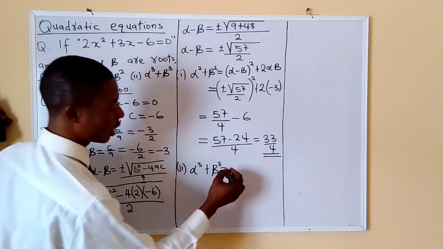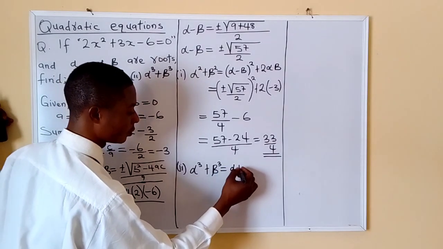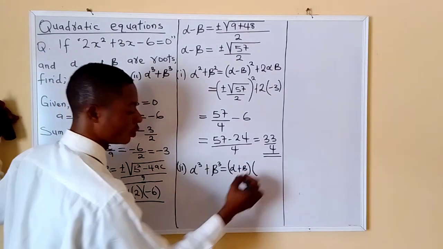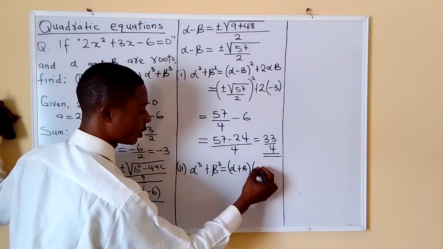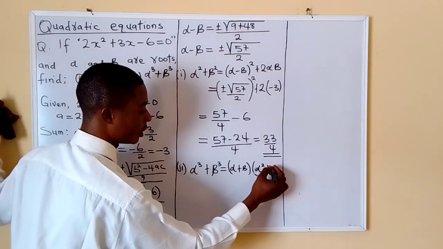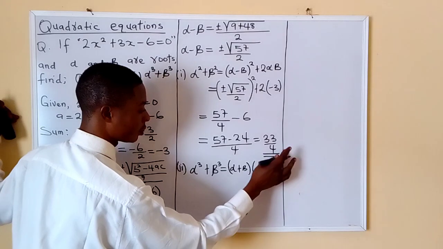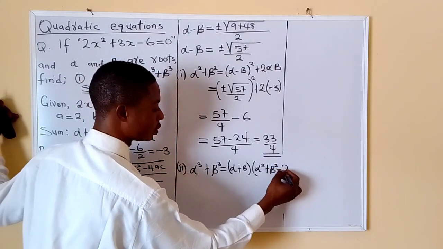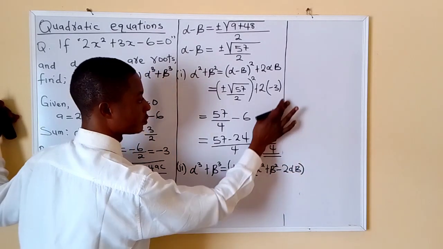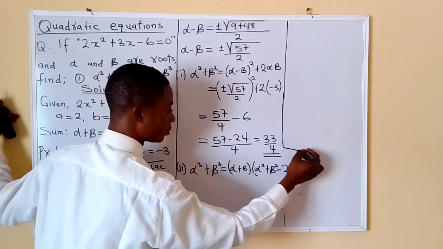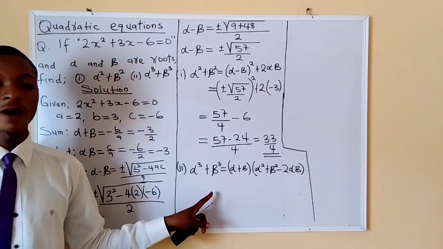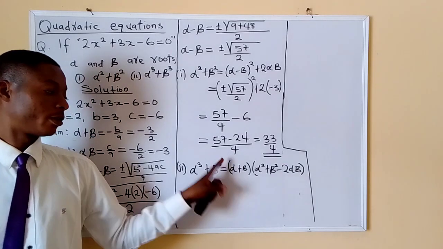It will be equal to alpha plus beta, into alpha squared plus beta squared minus 2 alpha beta. This is the factorization formula for alpha cubed plus beta cubed.